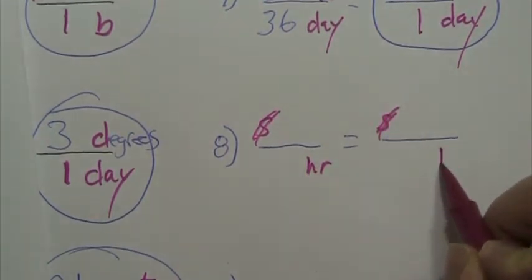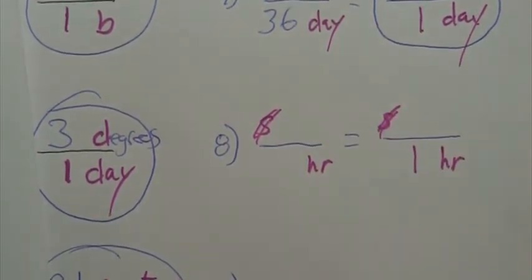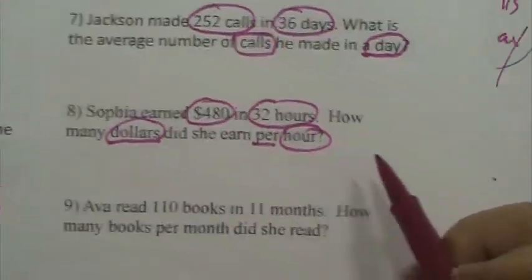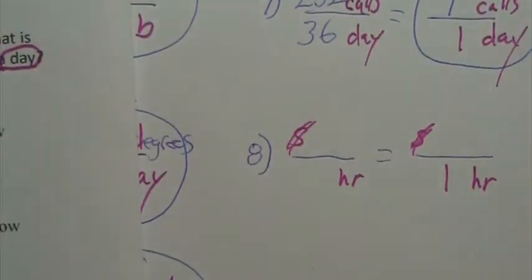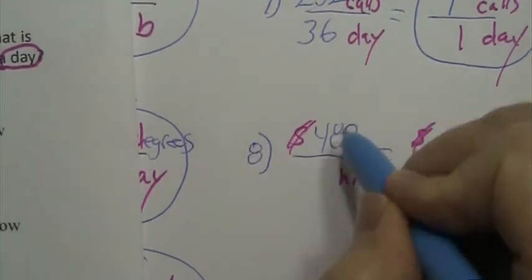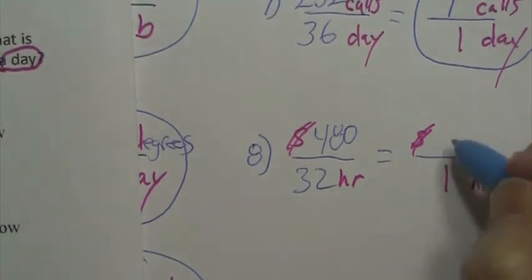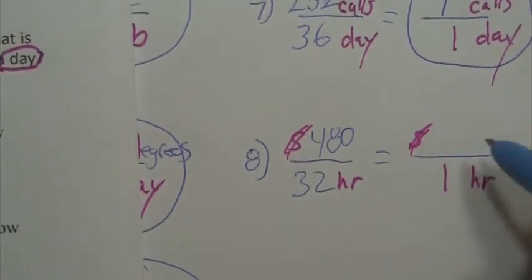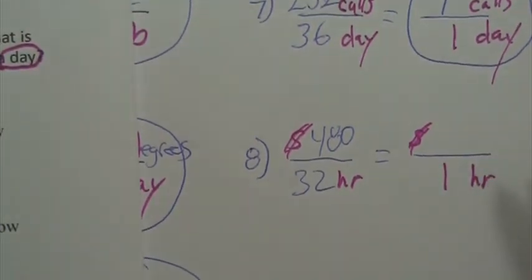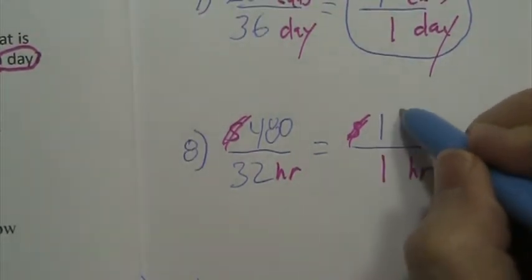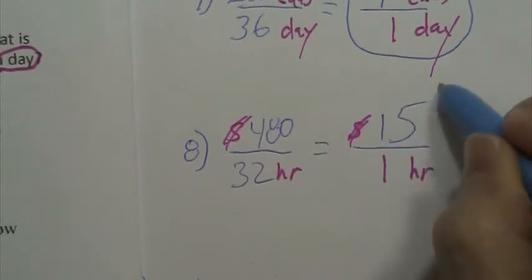Dollars over hour. And they want to know how much for 1 hour. What information we have? $480, 32 hours. That's what they told us. And the question is, how much is that in 1 hour? And I think the answer is 15.